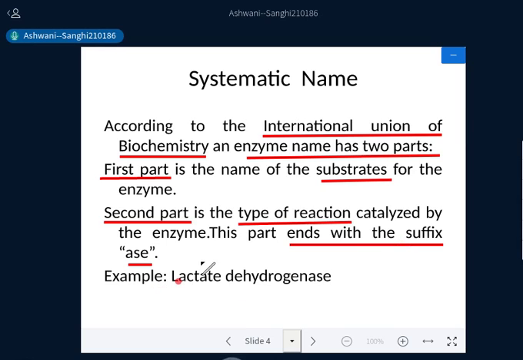As you can see in the example, lactate dehydrogenase: lactate is the substrate, and dehydrogenase is the type of reaction.